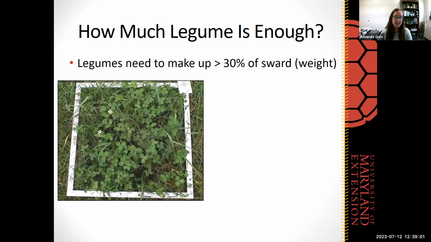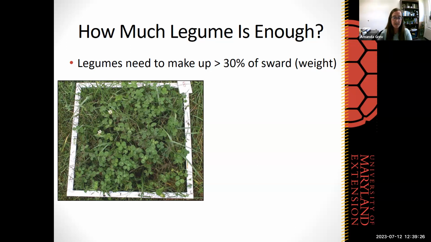So if I were to ask you to look at this picture and say what percent of clover, what percent of legume do you think is present in this stand? I would guess a lot of you would be thinking at least 50%, maybe more like 75, 80%, right? Visually, it looks like there's a lot of clover within that white square compared to grasses.